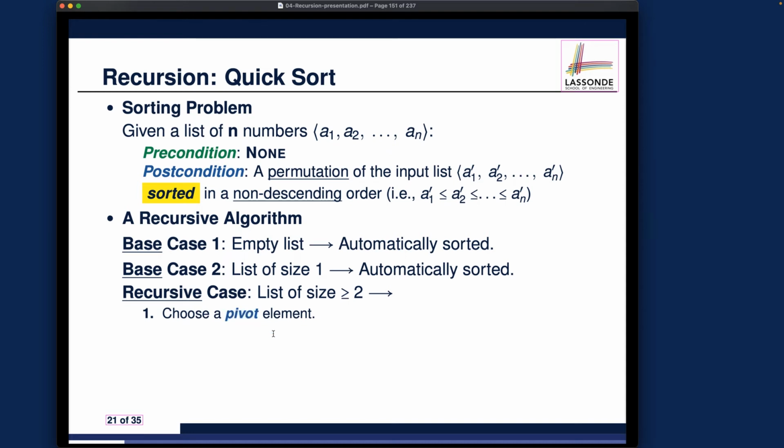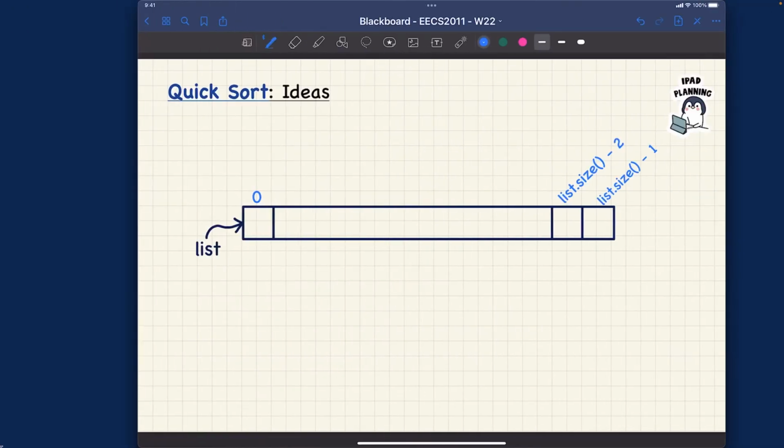Alright, having seen this word, let's talk about the general idea of quick sort. Let's say you're given some input list which is not sorted. The idea is we want to choose something called a pivot. And the pivot can be chosen anywhere in the list. I'll talk about what might be the best strategy for choosing it.